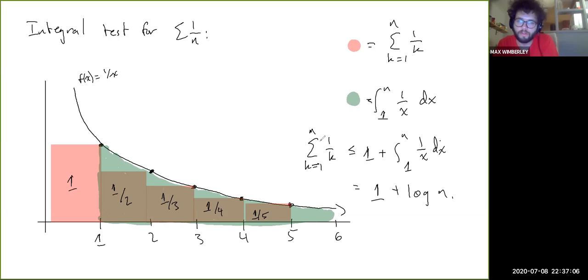So we got no information from this, and as well we should, because the series actually diverges, so we should be trying to go the other way. We should be trying to show it's greater than or equal to something, okay? So that's why we choose the endpoints the way we do in the integral test, to either show convergence or show divergence, as the case may be. A series is only ever going to do one of those two things.